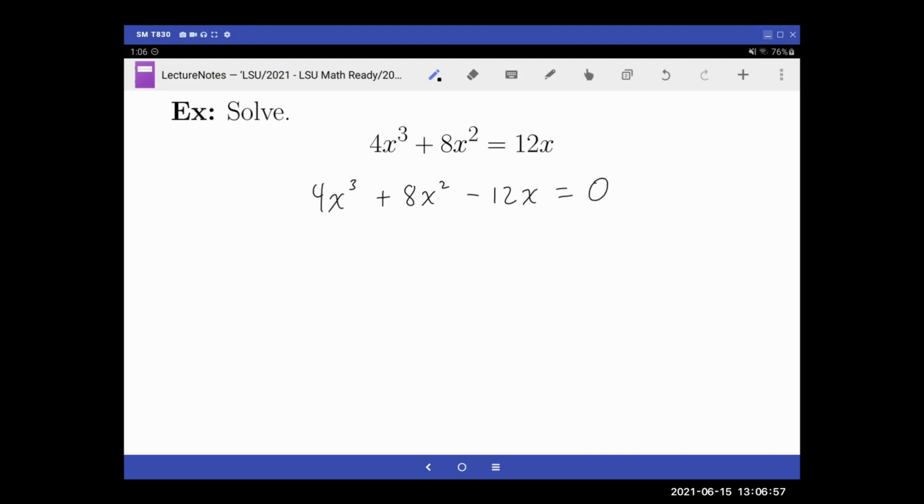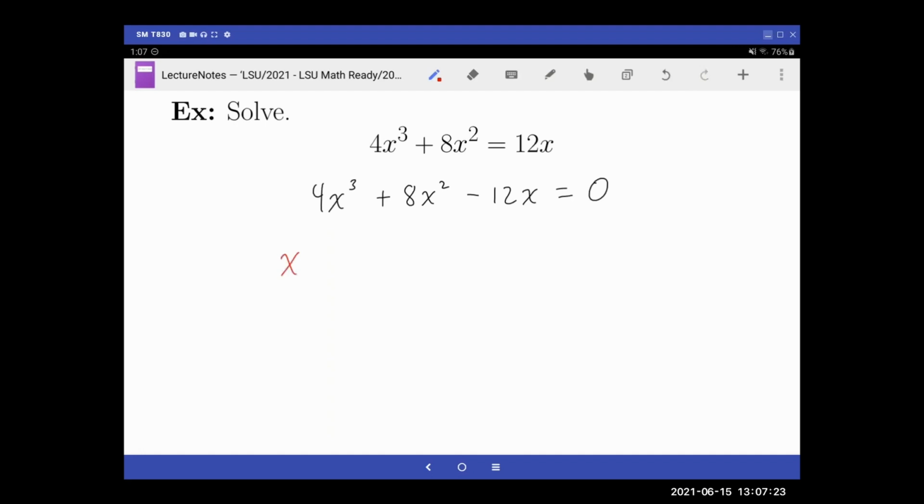Good. Now I'm going to look for a common factor, my greatest common factor. If I'm careful, I might notice that all three terms are divisible by x. They all have an x. This one has 3 x's, this one has 2, this one has only 1. So they all have 1 in common, and x comes on the outside.